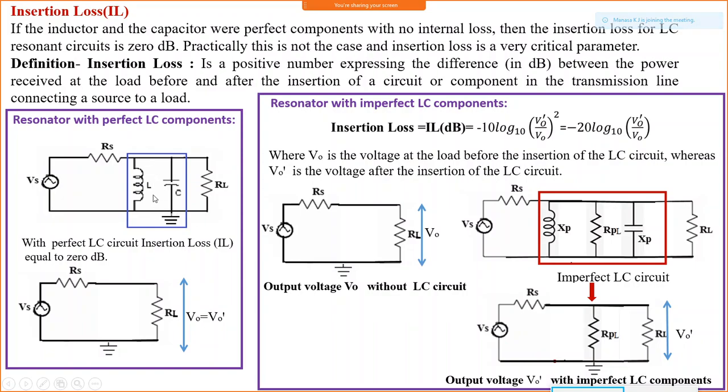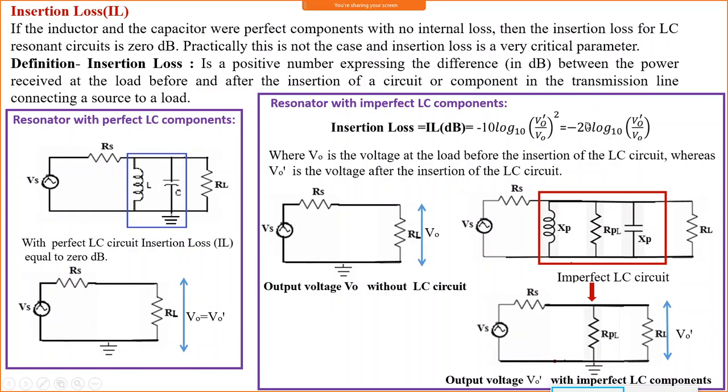If we insert the network and measure the output voltage, and without the network measure the output voltage V naught, we take a ratio of those two. Whatever value we get is called the insertion loss. I was telling about this in the previous class. Usually insertion loss is expressed in terms of decibel.